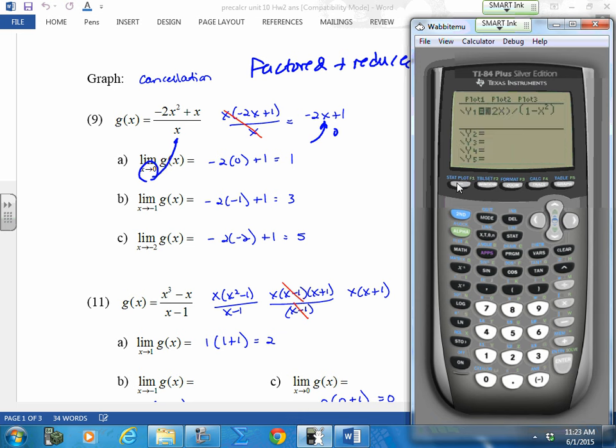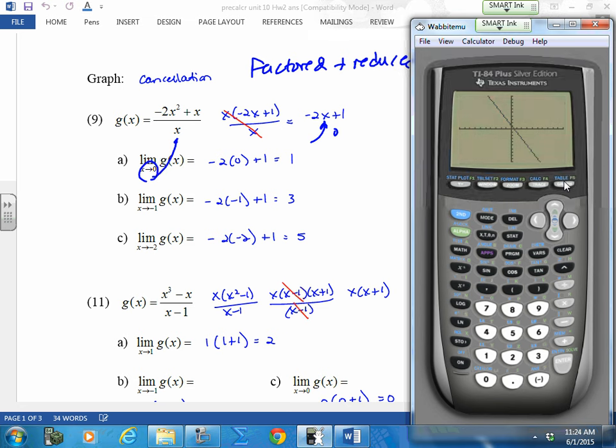So if we graph this guy, let me just put the graph in. Okay, so let's graph this and see what this looks like. Now it looks like there is a value for 0 in there.